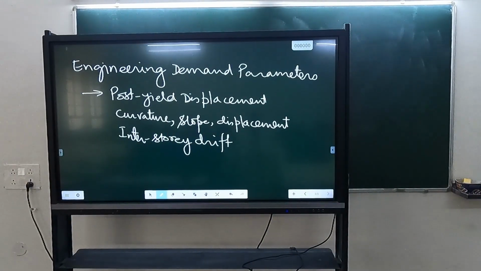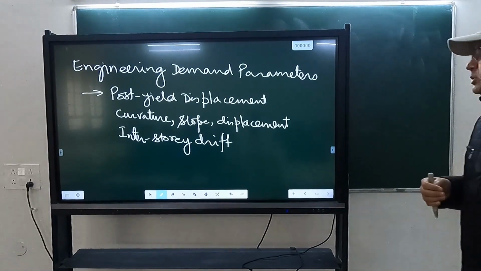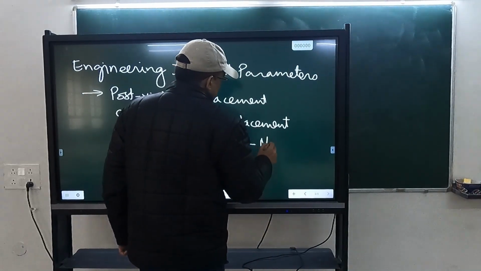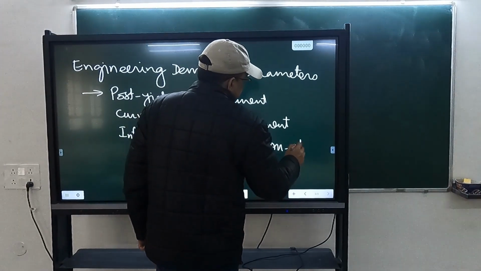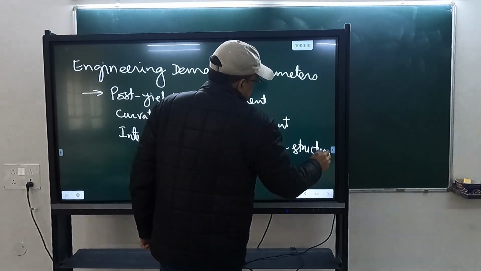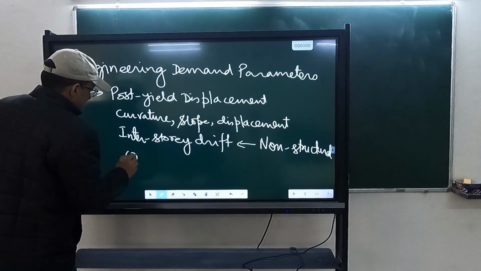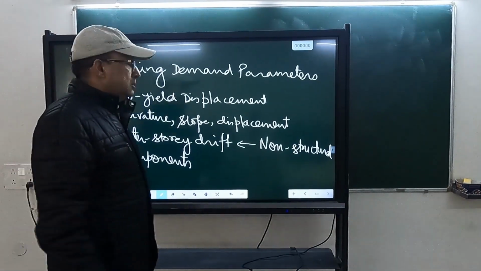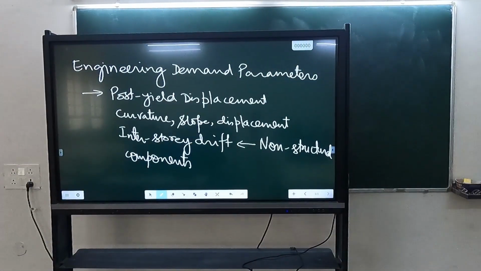If it is a hospital building, there can be gases like oxygen. There is piping for suction also. So all those are also our non-structural components. The damage to those non-structural components is also governed by interstory drift.